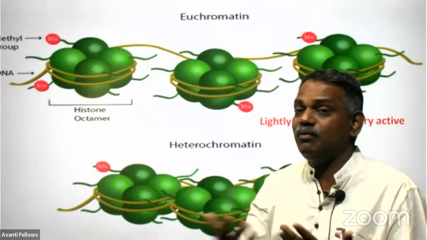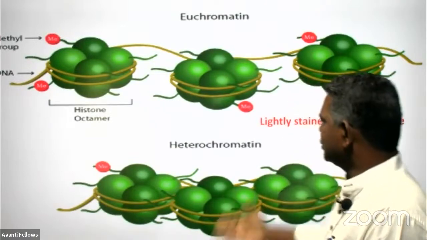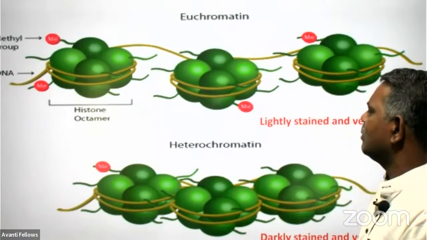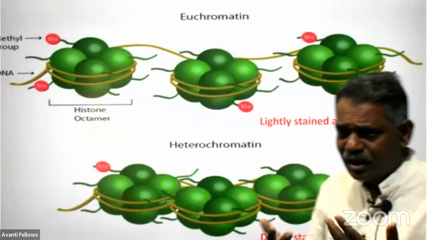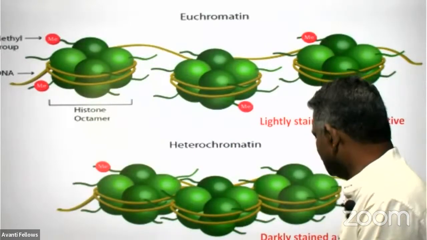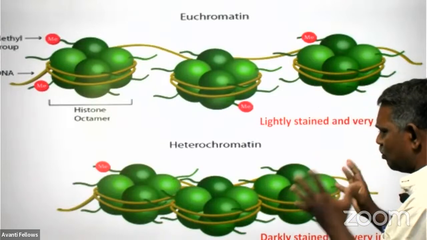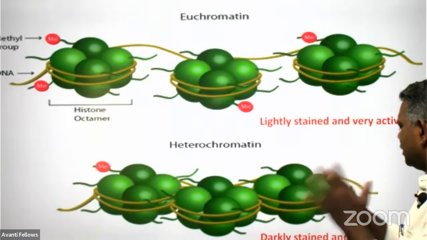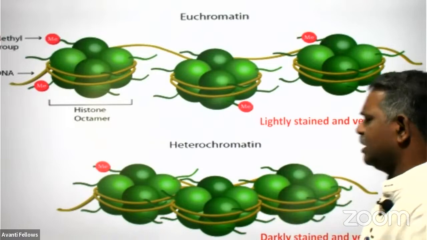Whereas the other one is heterochromatin. Whenever we stain this chromosome, this area gets more stain, and these are the dark stained areas.